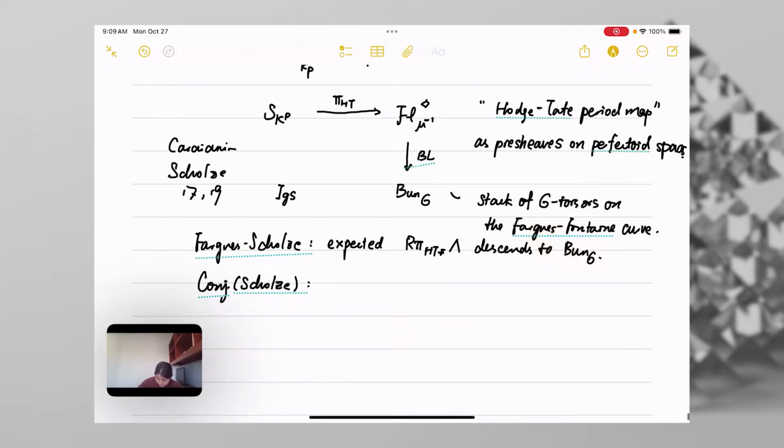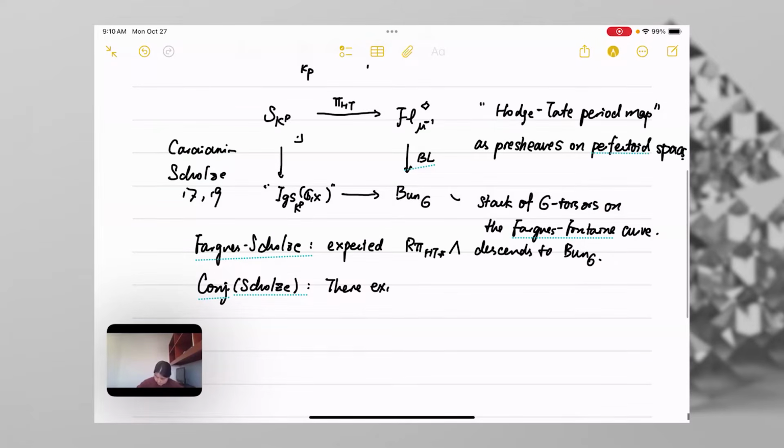Namely, there should be some stack, depending on this Shimura datum, living over Bun_G, where if you pull it back along the Beauville-Laszlo map to the flag variety, it should recover the Shimura variety. This is what we call the Igusa stack. So the conjecture says that there exists a Hecke equivariant Cartesian diagram as above for all Shimura data.